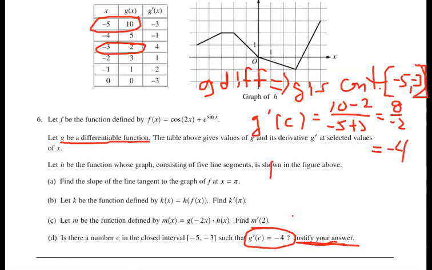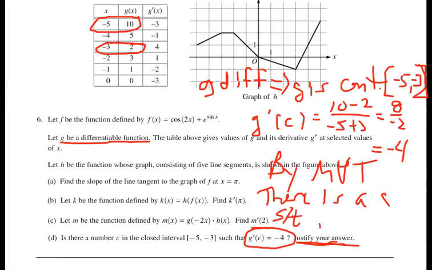So I'm going to get to say, by mean value theorem, there is a C such that G prime of C equals -4. And we are done.